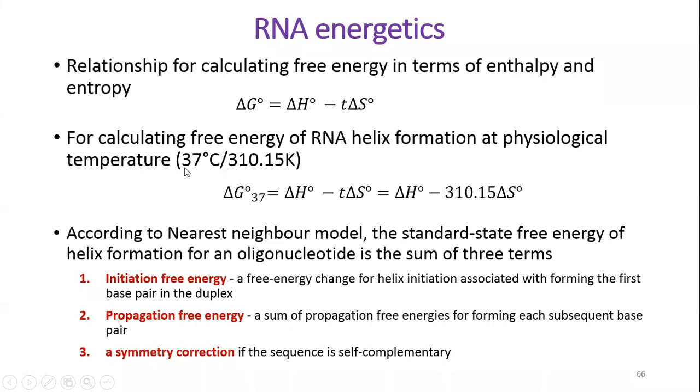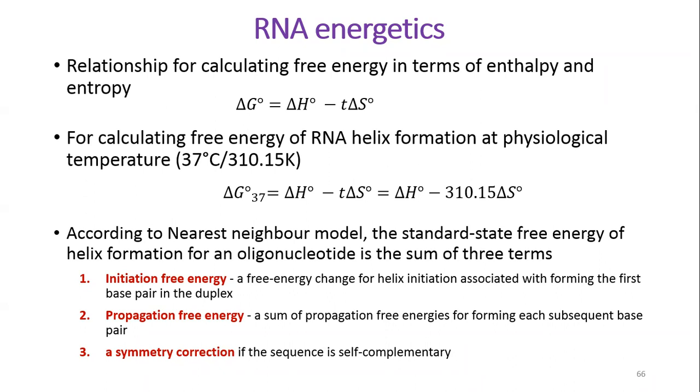So the same equation can be rewritten as delta G at 37 degrees equals change in enthalpy minus 310.15, that is the physiological temperature, times the change in entropy, delta S. Now, as per the nearest neighbor model that we have already talked about, the standard free energy of helix formation for an oligonucleotide is calculated by using three terms.